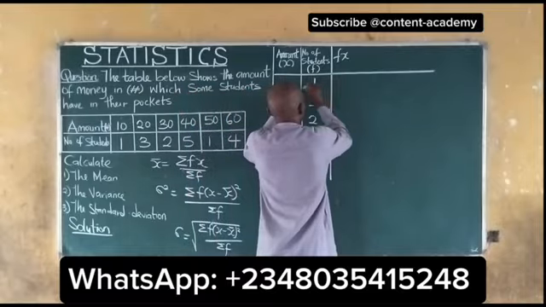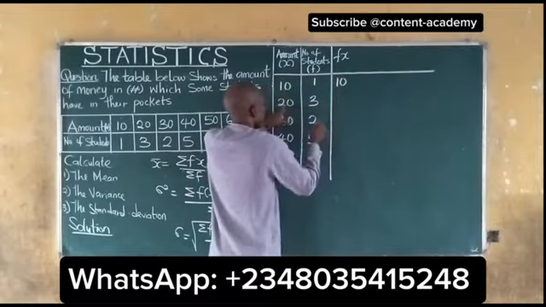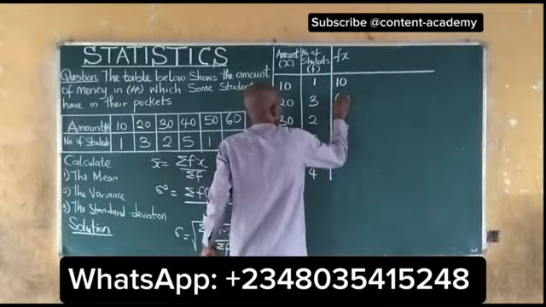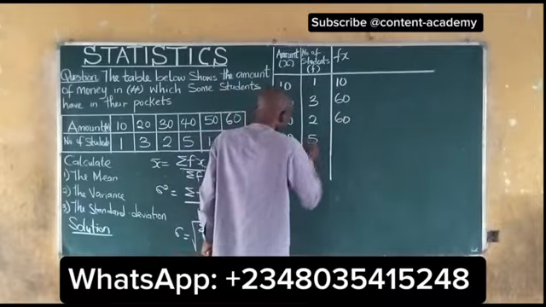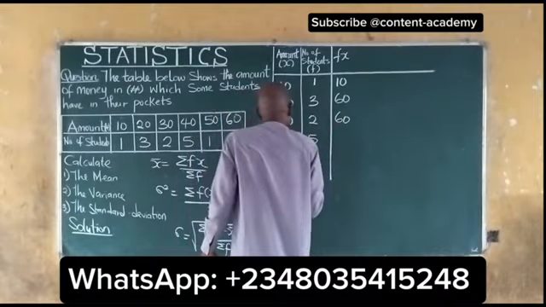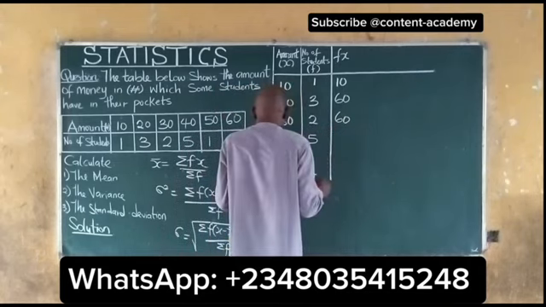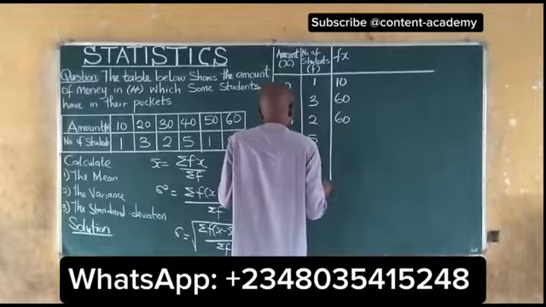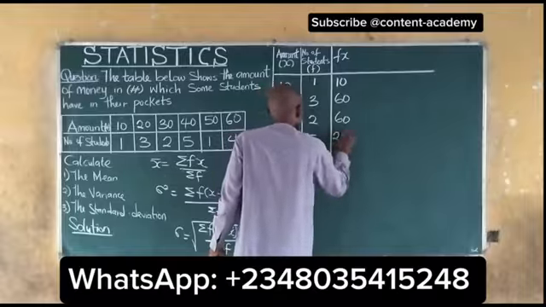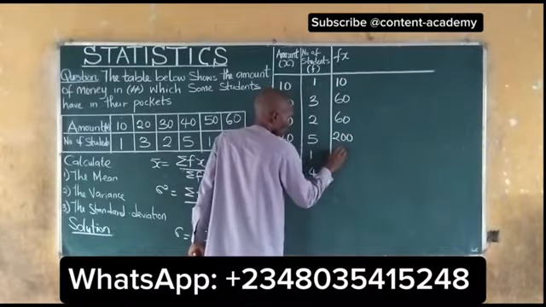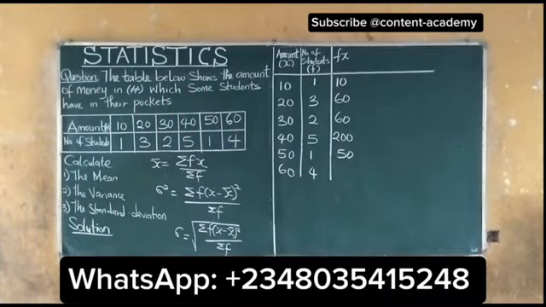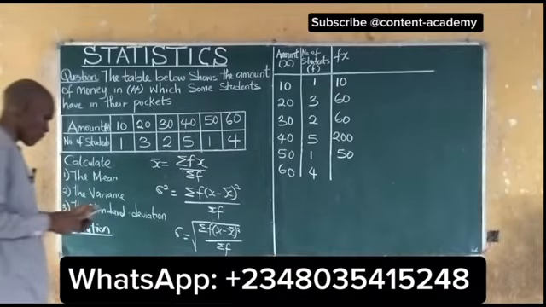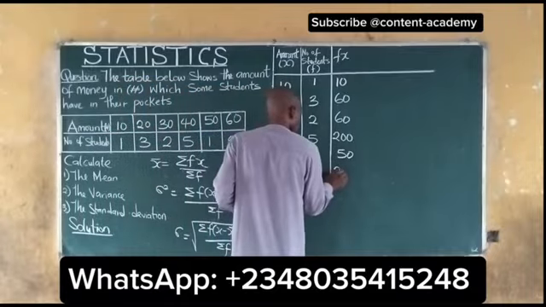Now, for this, we have 1 times 10, we have 10. 3 multiplied by 20, we have 60. 2 multiplied by 30, we have 60. 5 multiplied by 40, we have 200. 1 multiplied by 50, we have 50. And 60 multiplied by 4, we have 240.